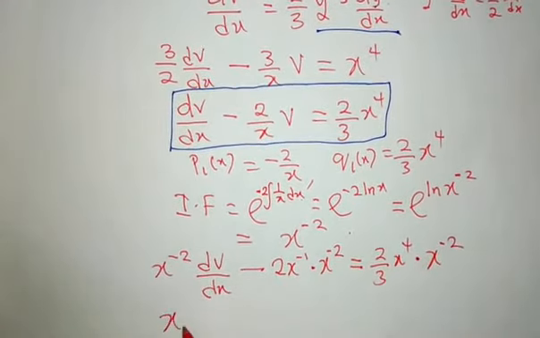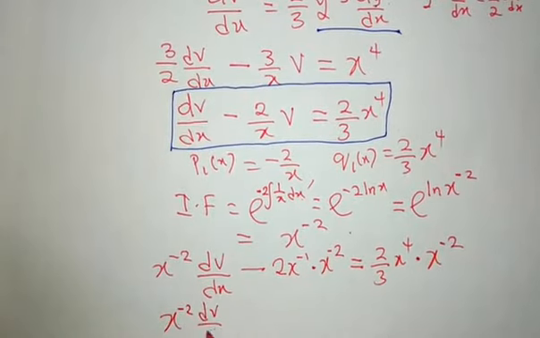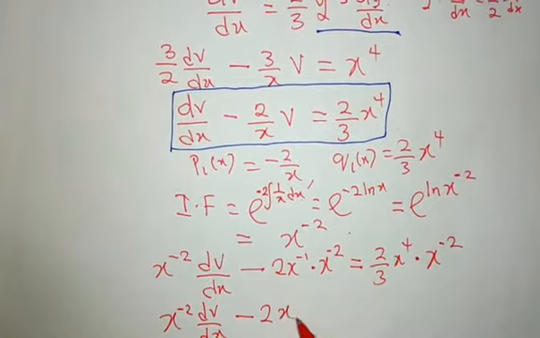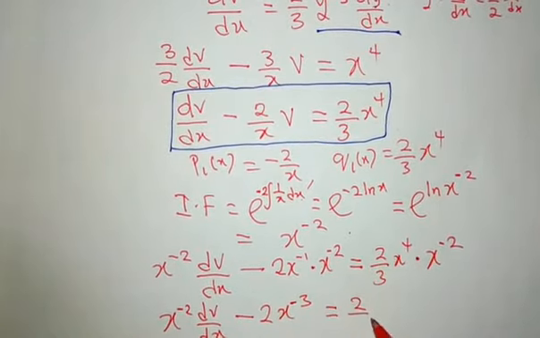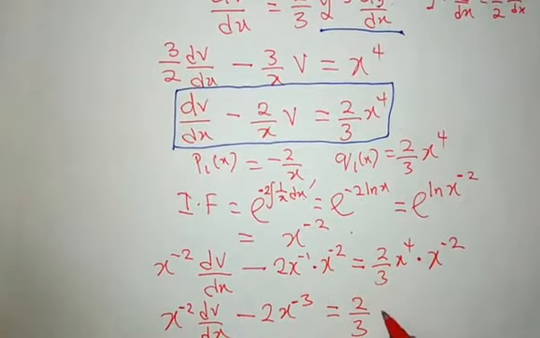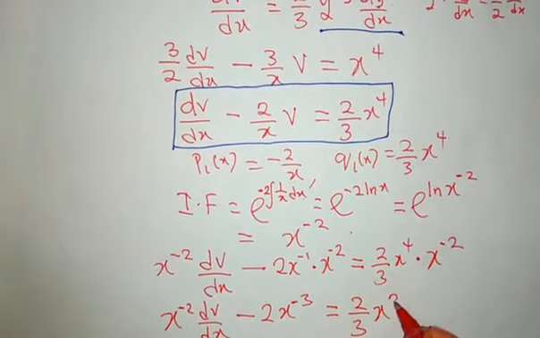So we have x to the power of minus 2 dv dx minus 2 x to the power of minus 3 v equals 2 over 3 x squared.